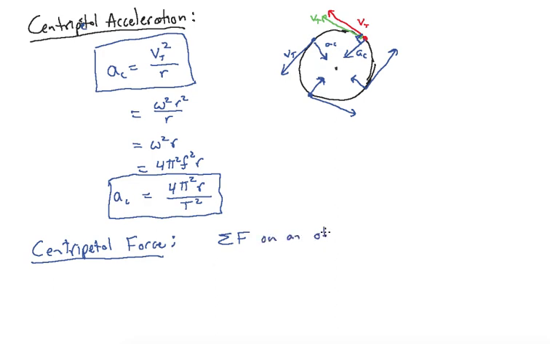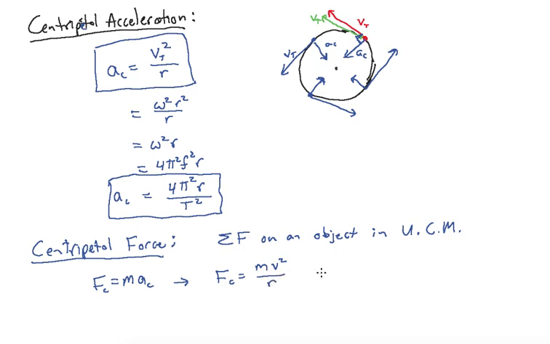So the net force all adds up, and ultimately is the net force on an object in uniform circular motion, or causing the uniform circular motion. It's pretty simple to get the equation for it. F equals ma. So centripetal force equals mass times centripetal acceleration, which gives us simply mv squared over r.